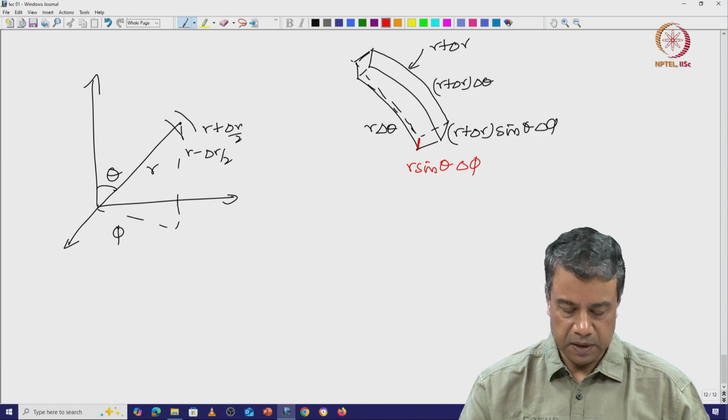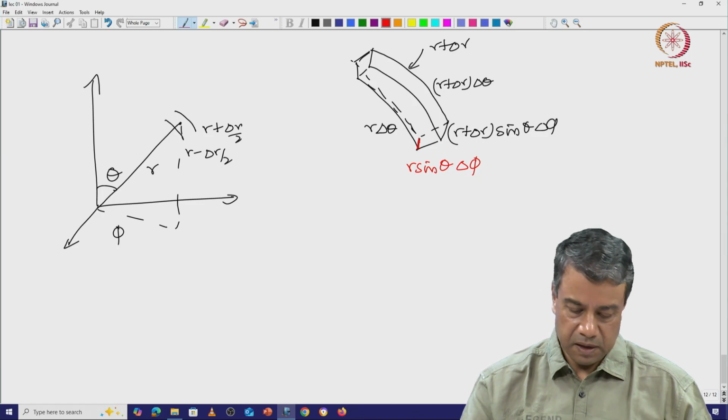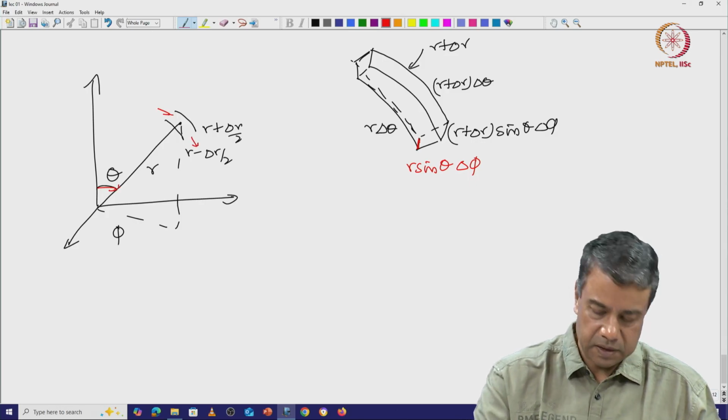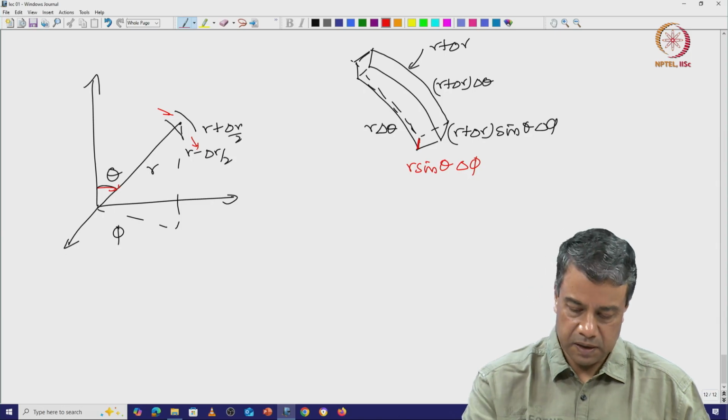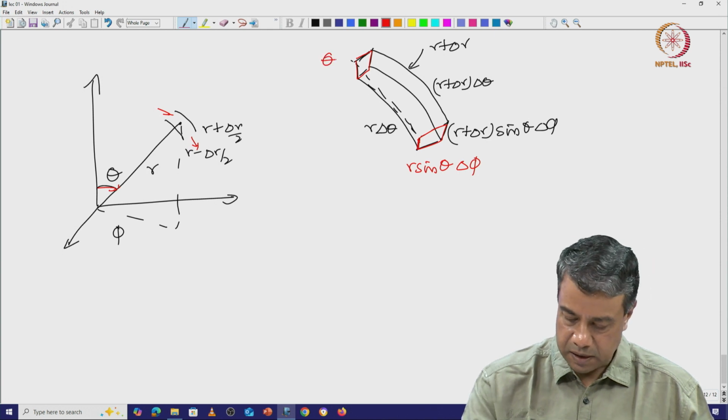Then you will have two bounding surfaces perpendicular to the theta direction. Note that the direction of variation of theta is this one. Therefore, I have two surfaces here perpendicular to the theta direction, at theta and theta plus delta theta.